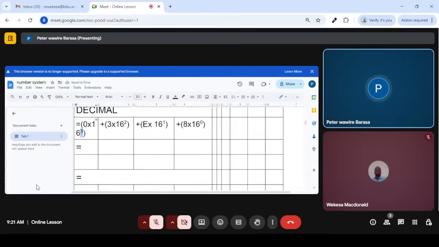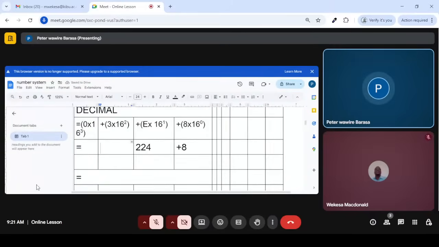So now you add. Here it will be plus 8. Then it will be 16 power 1 times 14. Now the E is 14. So you must always remember that that is 14. It will be 14 times 16, which comes to 224. Here it will be 224.